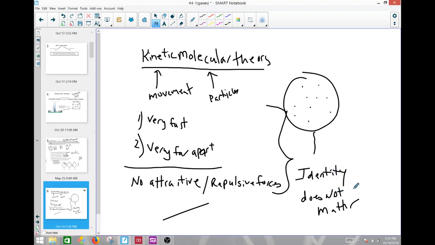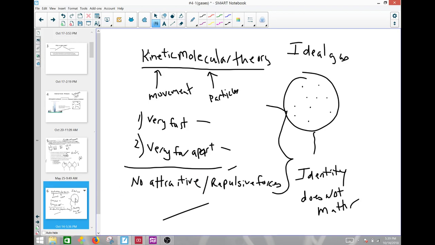This whole thing is called an ideal gas. So an ideal gas is one that's traveling very fast, very far apart, and there's no attractive or repulsive forces between the particles, and therefore all the particles act the same, and every particle is just a particle. It doesn't matter if it's a carbon dioxide particle or methane. We call that an ideal gas.